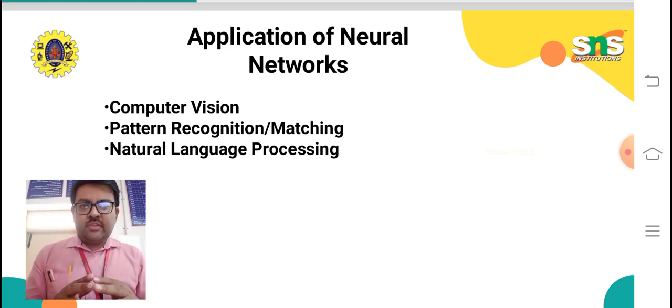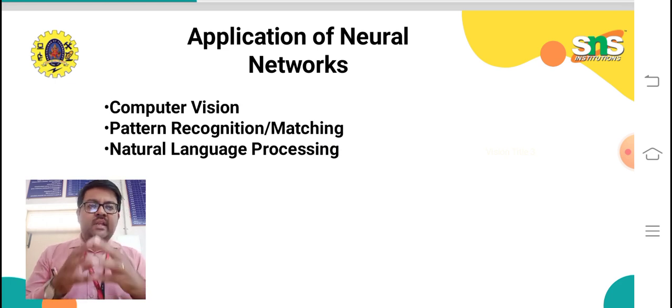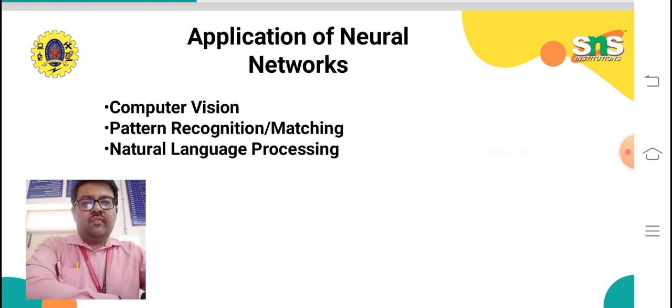Then natural language processing, which is widely used in many artificial intelligence based apps today, like Google Translate and chatbots, where inference is made by the algorithm from languages, from English or any other language. So these are widely used applications of neural networks.